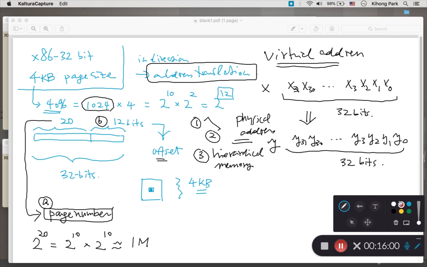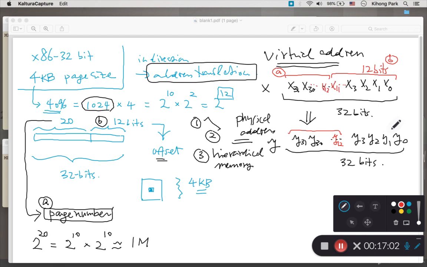Which means that in this setting, if we are using the lower bits, from the least significant bits up until X11, these are now 12 bits, for the offset, for B, and we're using these remaining bits, X12 until X31, that's the page number, A, then these bits from X12 until X31 must be mapped to different bits, Y12 until Y31, because the page number is going to in general change.